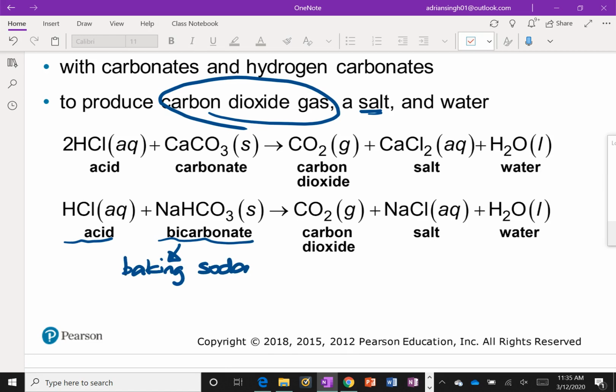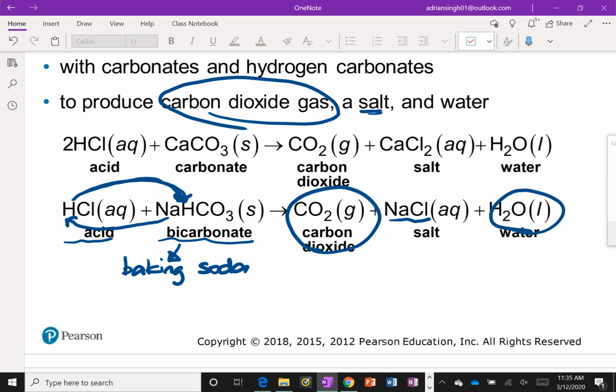When these two things react, the sodium can come in and take the place of hydrogen, and then the hydrogen takes the place of the sodium. So we end up making sodium chloride, and the new combination made by combining the hydrogen with the bicarbonate quickly breaks down, and you get carbon dioxide, CO2, and liquid water.